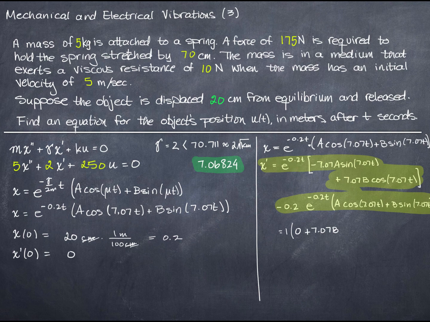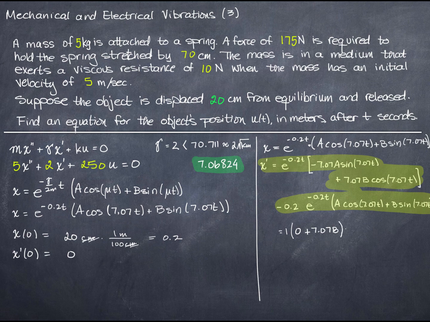So what have I done so far? I've got my e to the 0, my sine term went to 0, the cosine went to 1, leaving me with just 7.07b. That's the end of that first term there.